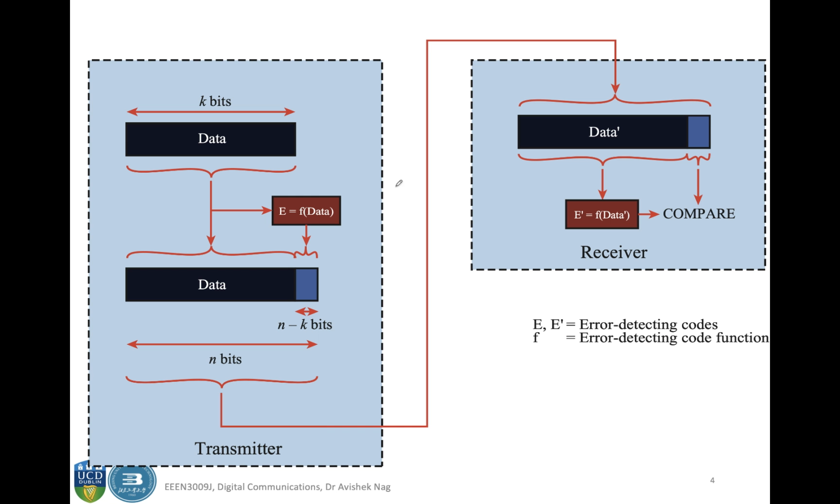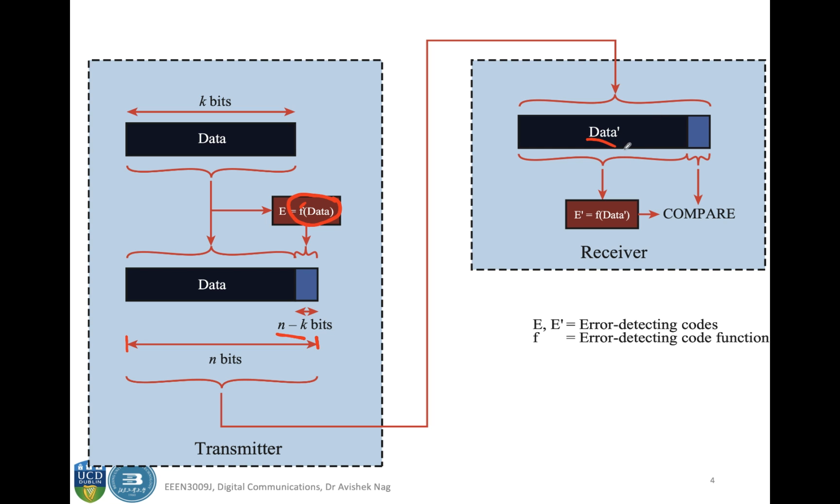Schematically, this is what happens. You have k data bits, and you calculate your check bits from those data bits by performing some function f, and then you append those check bits to your data frame, so that the total frame length is n bits. Therefore you have n minus k check bits, and these are transmitted. In the receiver you are receiving data prime, which is the received data.